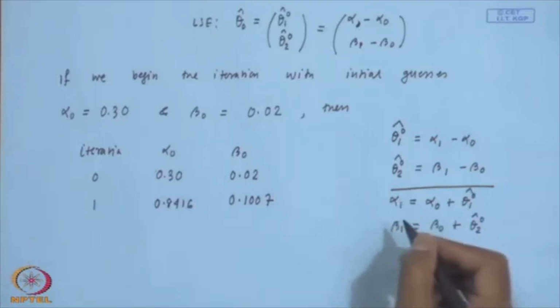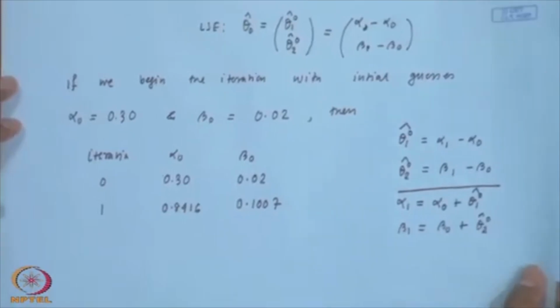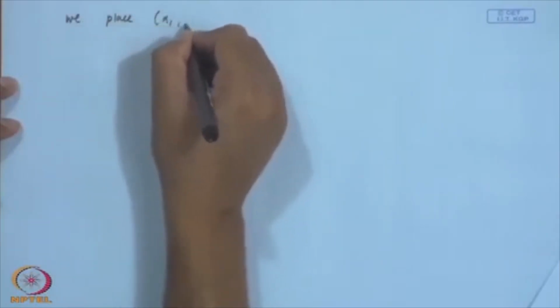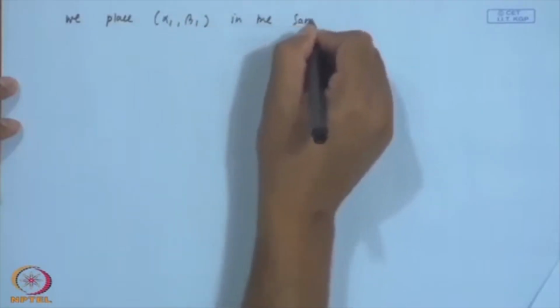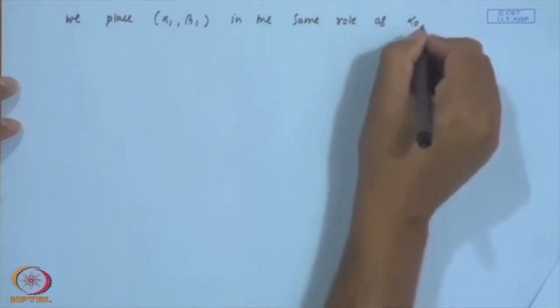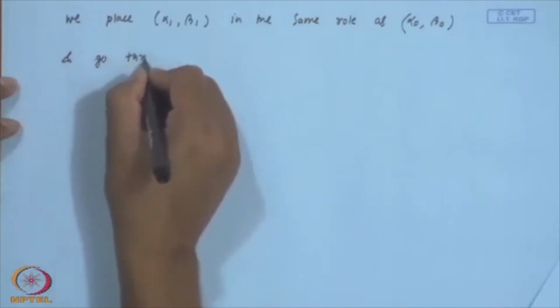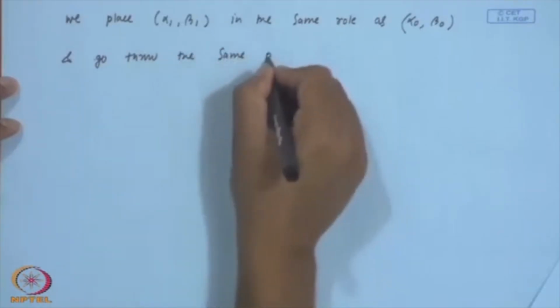What we do is that again we place this alpha 1 and beta 1 in the same role as alpha naught beta naught, and we go through the same process.